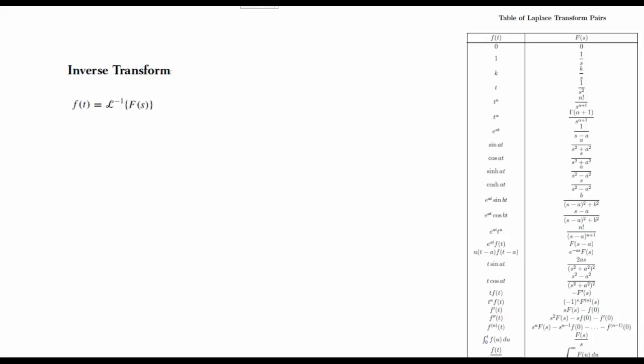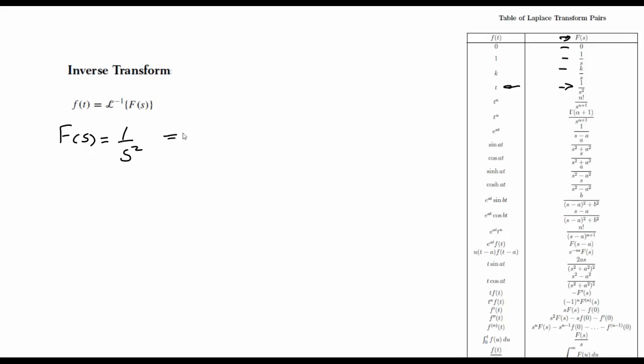Now let's look at how we actually do this. As you see, the table on the right is a table of Laplace transforms. For instance, if we had a function F of s equals, for the sake of argument, 1 over s squared, then we would go to our Laplace transform table on the F of s side, and we start noticing here's 1 over s squared, and what is its inverse Laplace transform? t.